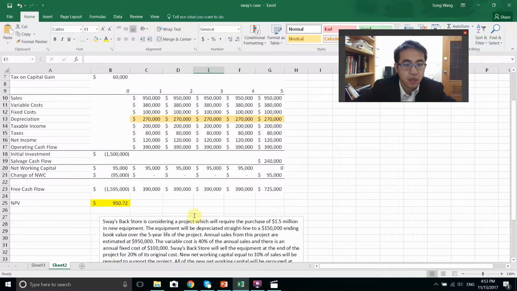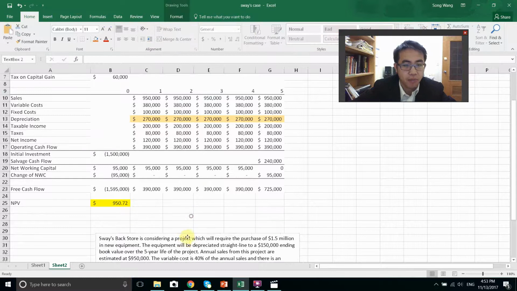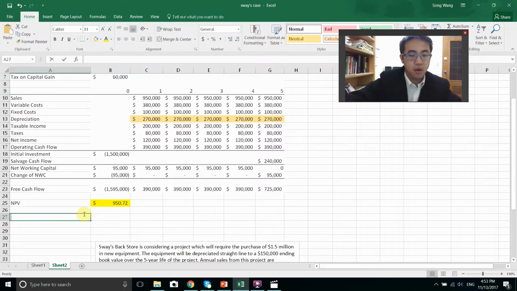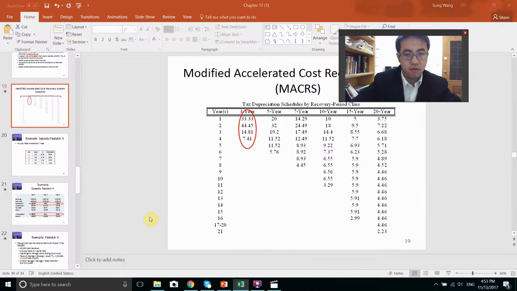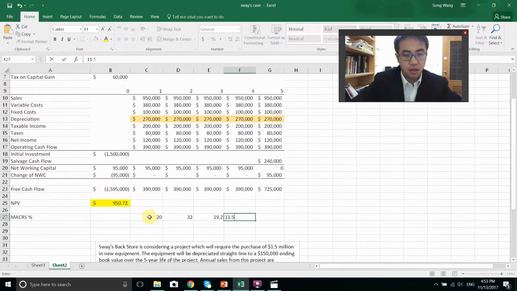I'm going to use a blank row. I call it MACRS percentage. All right, so basically, in year 1, it is going to be 20. In year 2, it's 32. In year 3 is 19.2. In year 4, it's 11.52. Okay.